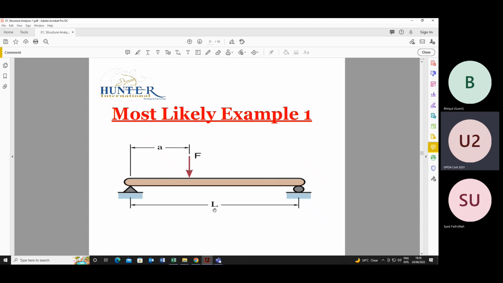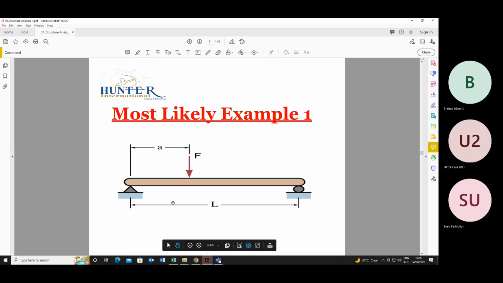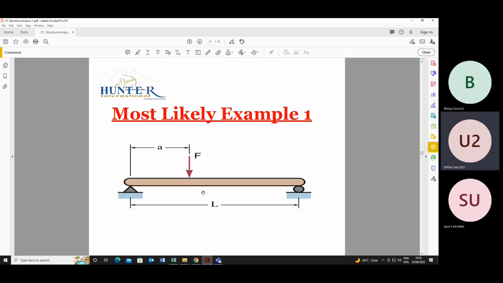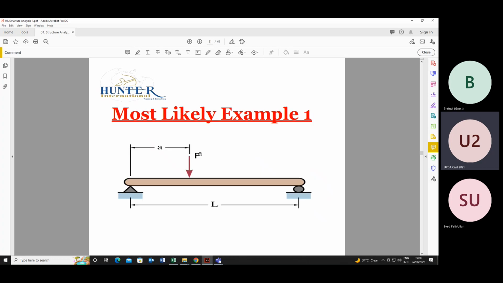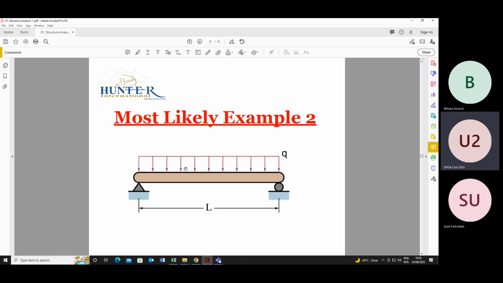This is the most likely example shown here. One point is a hinge, another is a roller support. Force is acting on that member. Most likely example 2: the supports are the same, only the force acting on the beam changes. Before it was a point load, now it is a uniformly distributed load.